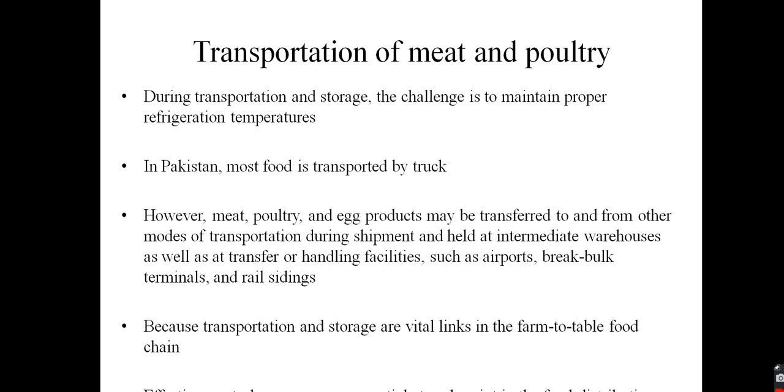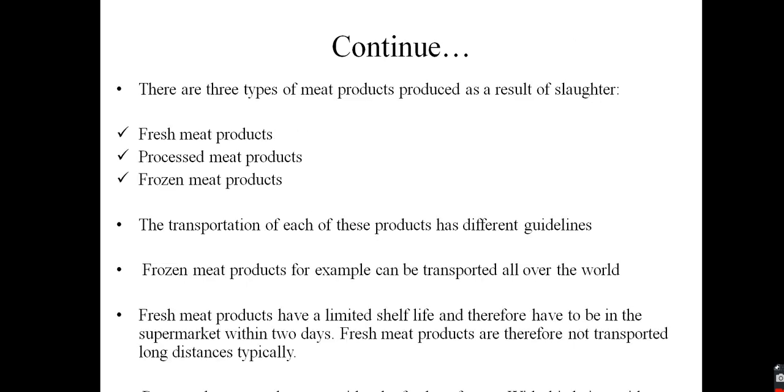You must take strict action on these points. There are three types of meat products which are produced after slaughtering: fresh meat products, processed meat, and frozen meat. The transportation of each of these products has different guidelines.